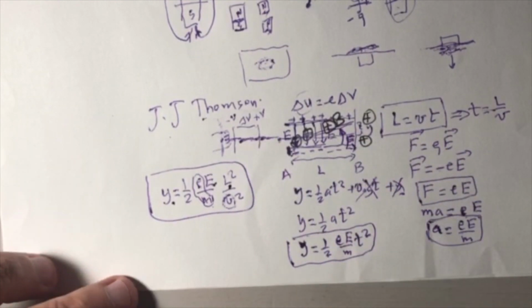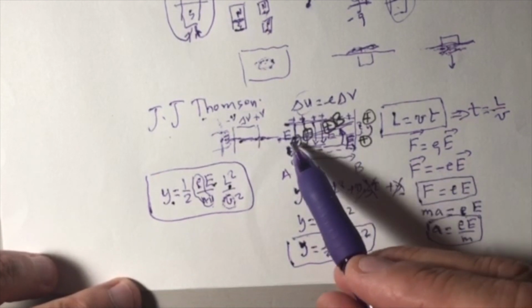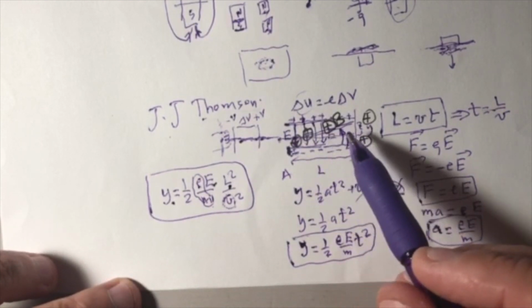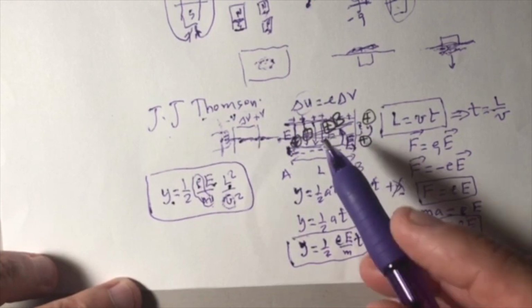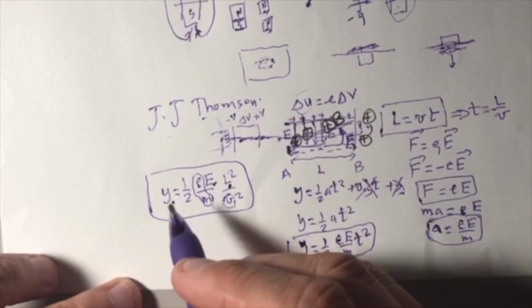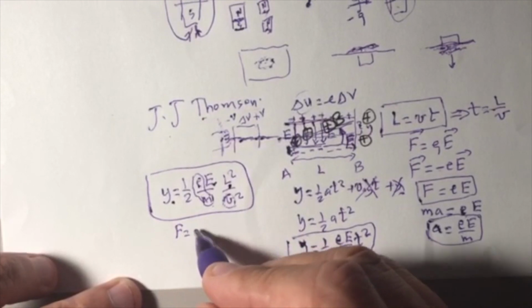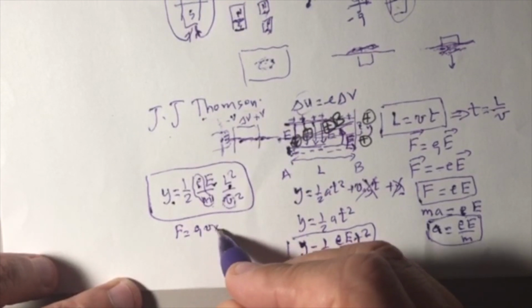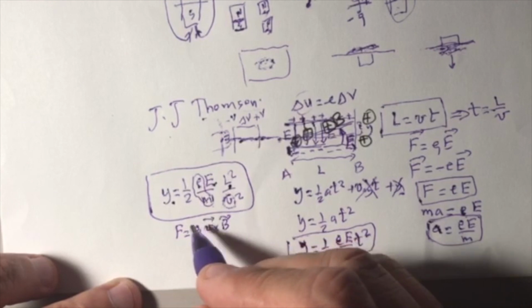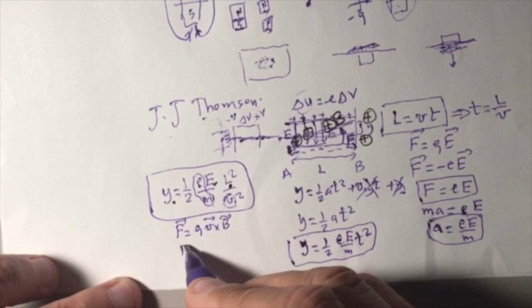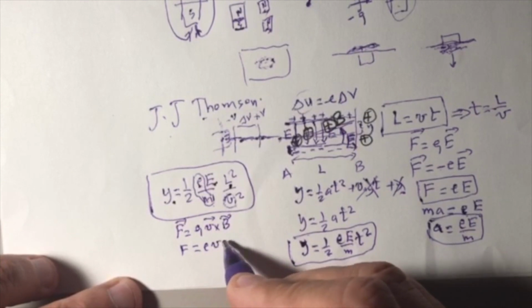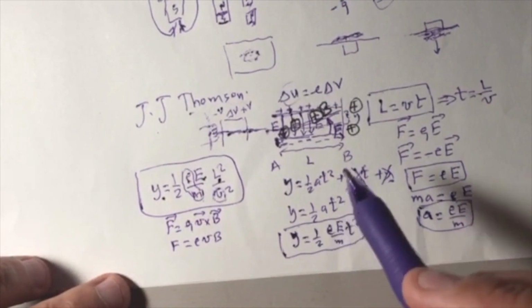What will this magnetic field do? It will generate a force because remember, this electron is moving in the magnetic field B. So a force is going to be generated. And that force F is equal to qv cross B. Now, if we look at just the magnitude of the force, F is equal to qvB.